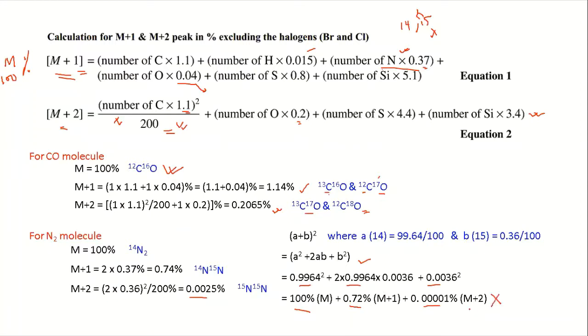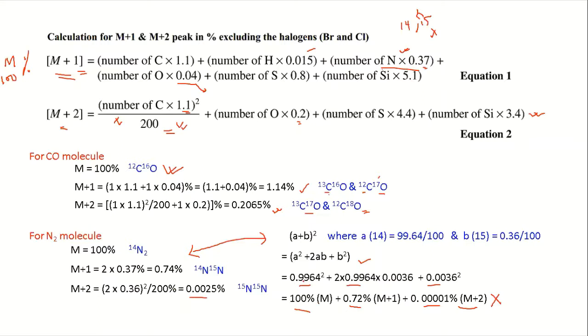These two are well matching. This is 100%, this is also 100%. M plus 1 is 0.74 and 0.72, they are close, so around 0.7.